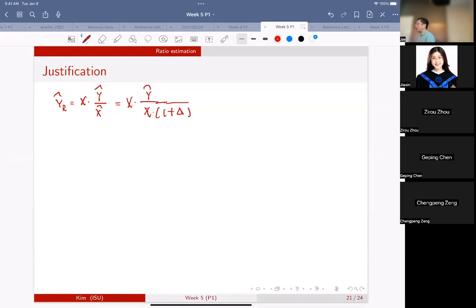If you write it this way, then delta is what? Delta is x hat minus x. Right? It's just algebra. So it's supposed to be true. And then we have a nice cancellation.